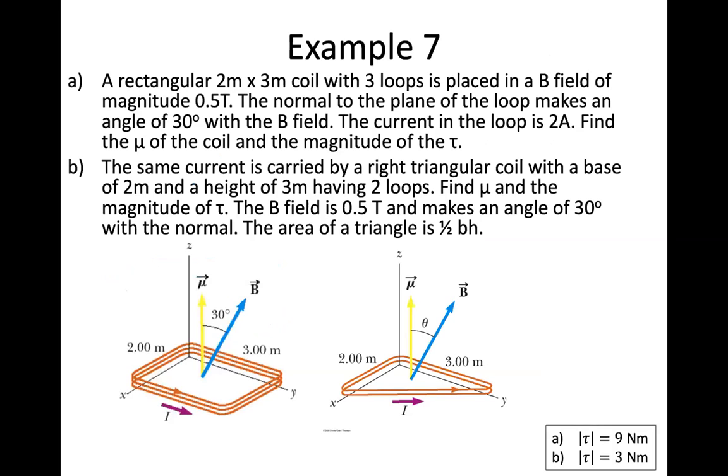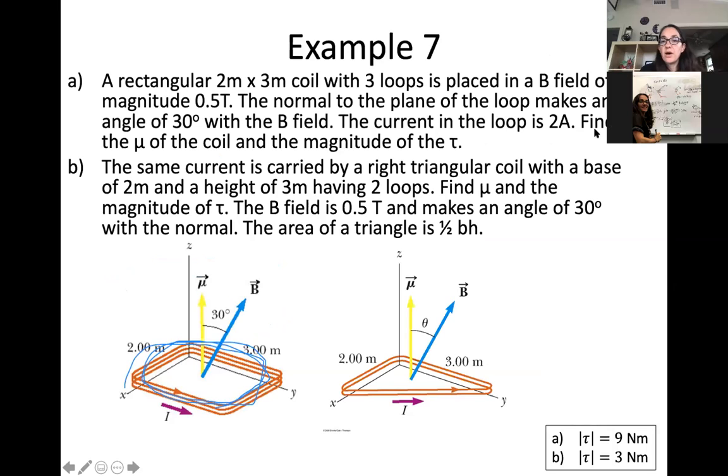Okay, so let's look at these pictures first. We have a coil of N loops. In this case, it's like 3. It's flat on the ground, and if I look at the current, it seems to be going clockwise as viewed from the top. So I'm going to curl my fingers clockwise, and that magnetic moment points straight up.